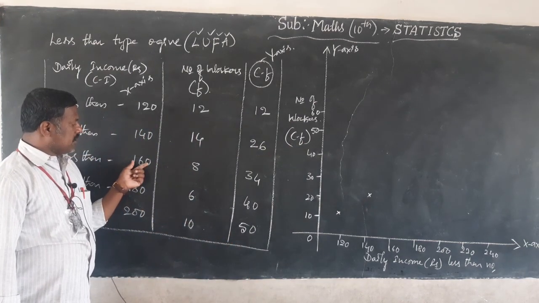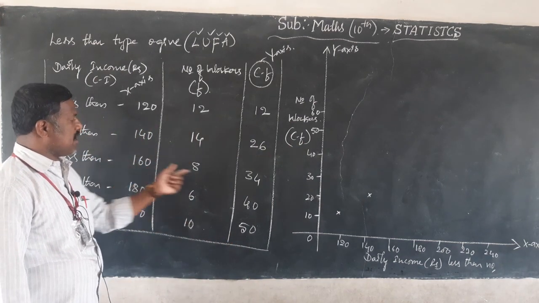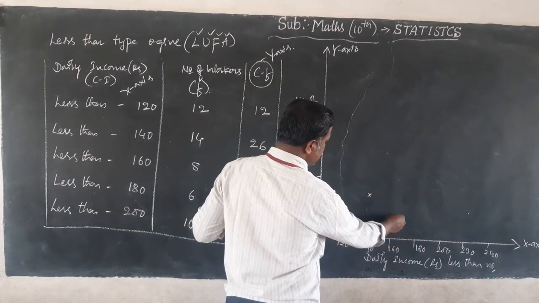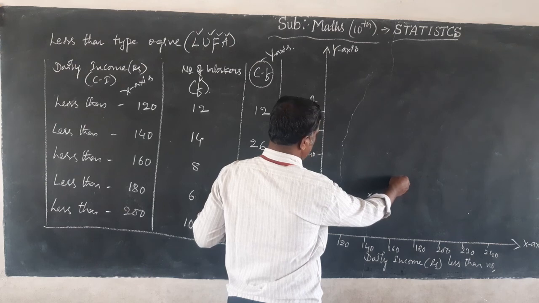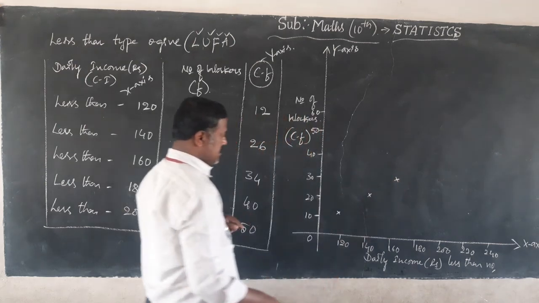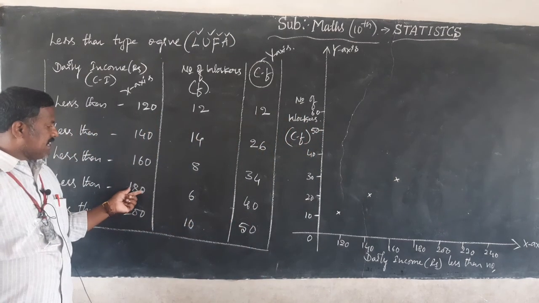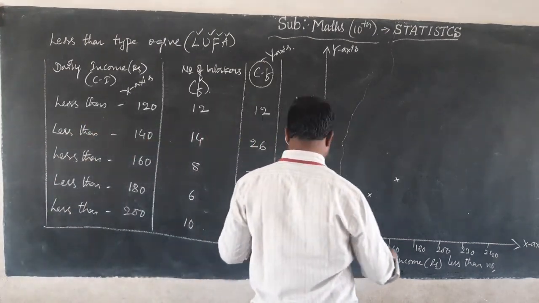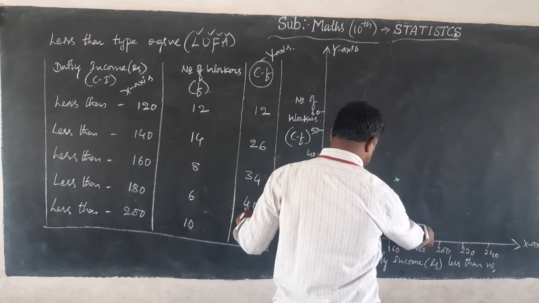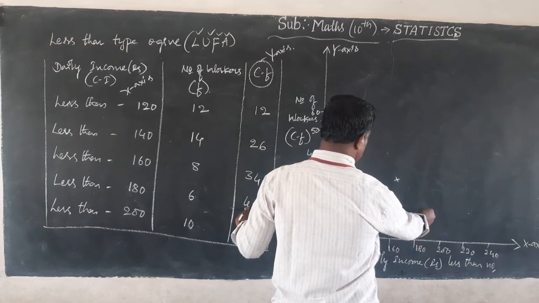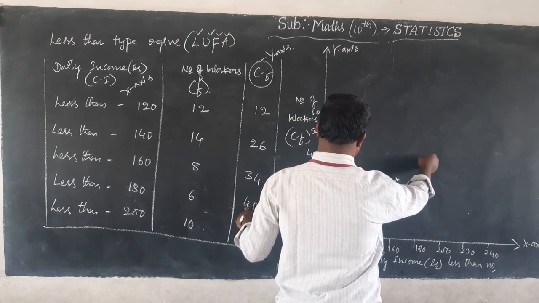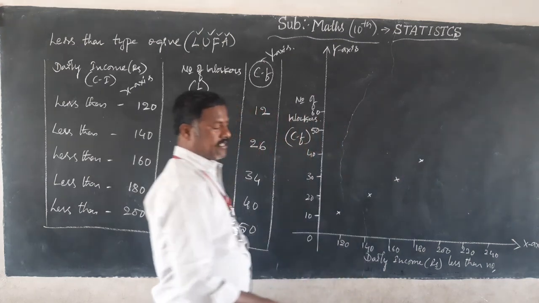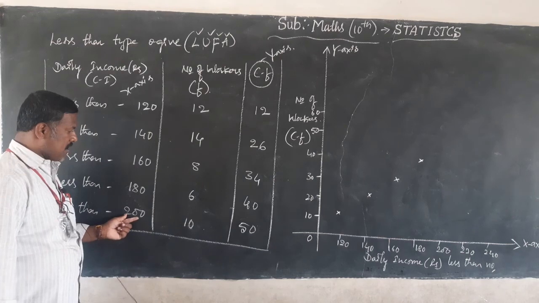The third is 160 comma 34, around here. Then 180 comma 40, exactly 40, we go along the 180 line up to 40, almost here. Next, 200 comma 50.